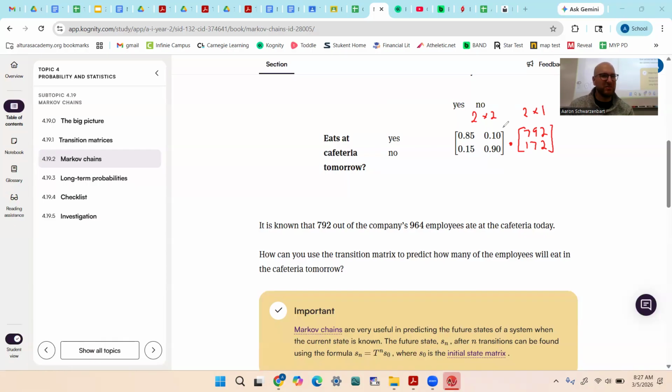If I want 2 days from now, what do you think I would do? Do it again or square my transition matrices? Either one, both works. Because multiplying over here would be the same as squaring. But every time I do a new multiplication or a new transition, I must multiply it left of everything.